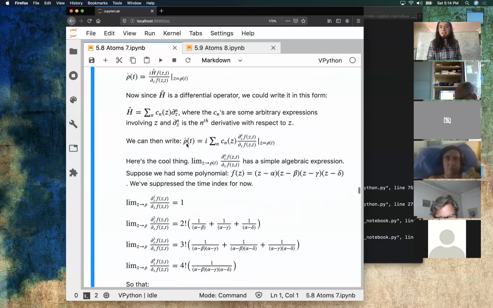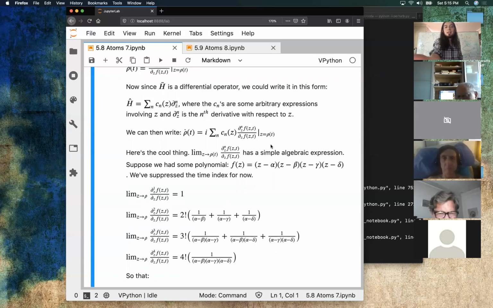Plugging that in, we get the time derivative of the root is i times the sum over n of these functions of z, one for each n, times the nth derivative with respect to z of f of z,t over the first derivative with respect to z of f of z,t, evaluated at z equals rho of t, where rho is the root. What's cool there is now we don't have any time derivatives anymore. We just have derivatives with respect to z.